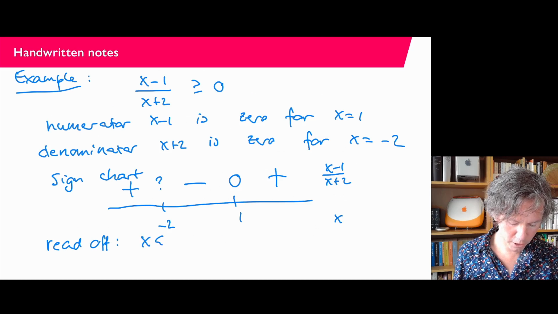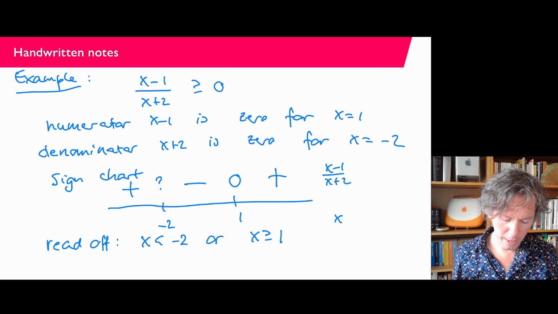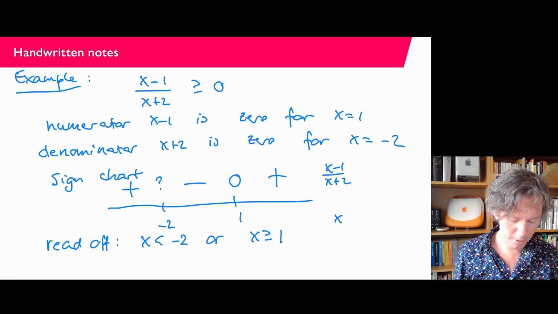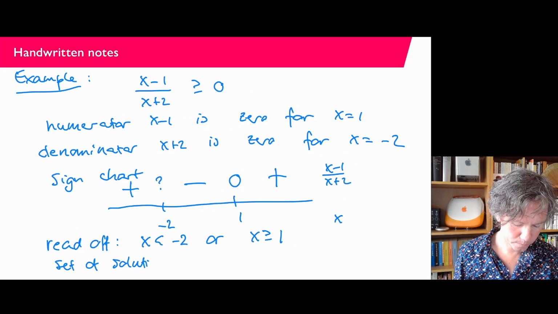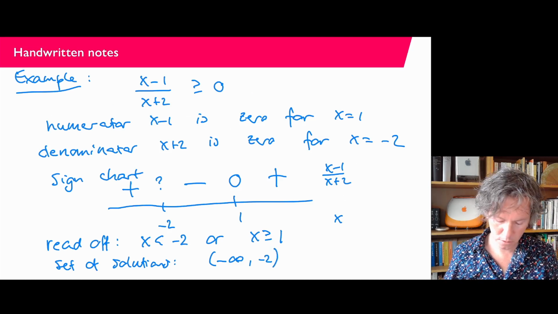x is less than -2 or x is bigger equal 1. And if you want to write that in terms of intervals, then I have a set of solutions. So from -infinity up to -2. -2 is not included.